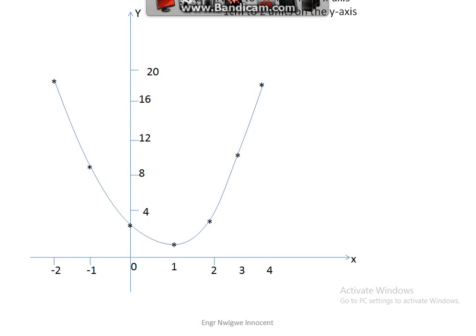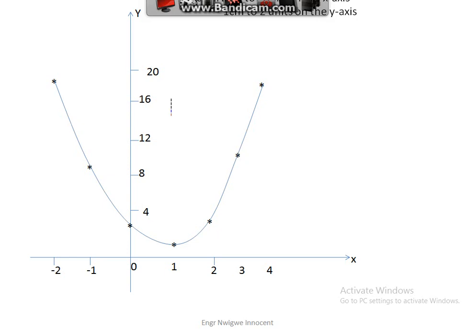From the graph, we are told to find the equation of the line of symmetry of the curve. Then we now go to the graph, where it's not on our discretion, but when looking at the graph, there is a line that divides the graph into 2 equal parts, which is the symmetry.